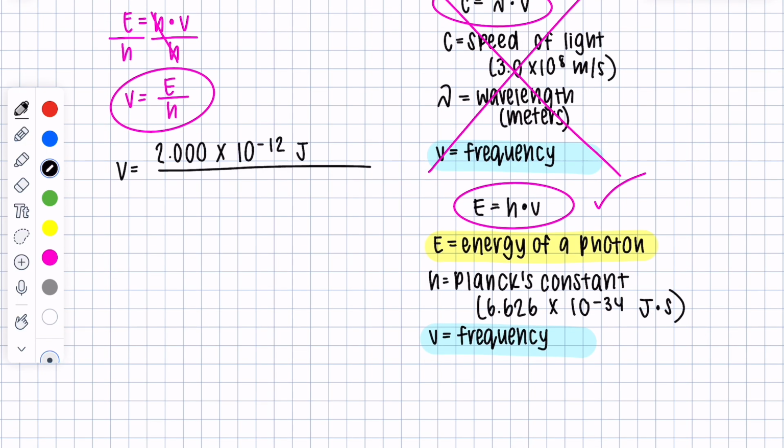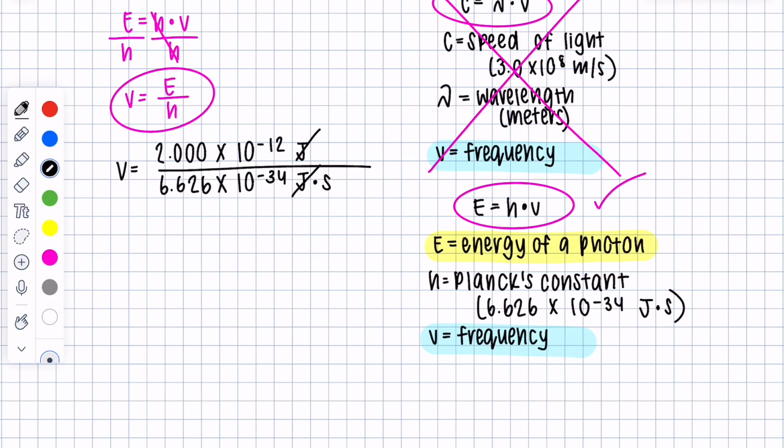Then we're dividing by Planck's constant, which we've already written down: 6.626 times 10 to the negative 34, joules times seconds. We can cancel out the unit joules here because it's common on both sides, so we're left with seconds in the denominator.